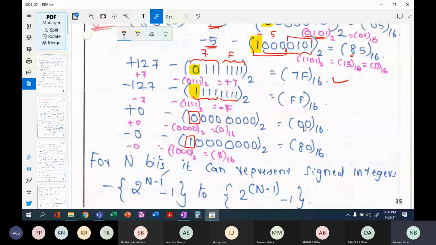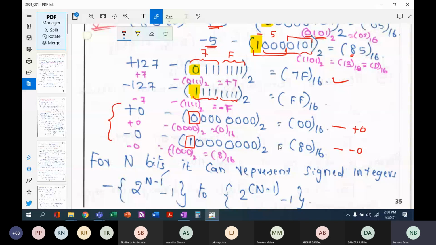So the hexadecimal equivalent is 00 for plus 0 and 80 for minus 0. Though practically there is nothing like a plus 0 and minus 0, still if you are following the signed magnitude representation, 0 is represented in two ways. One as 00 and the other as 80. 00 is a positive 0 and 80 is a negative 0.